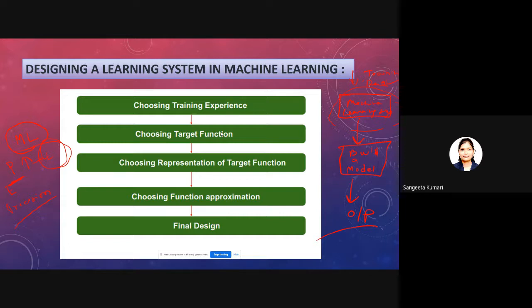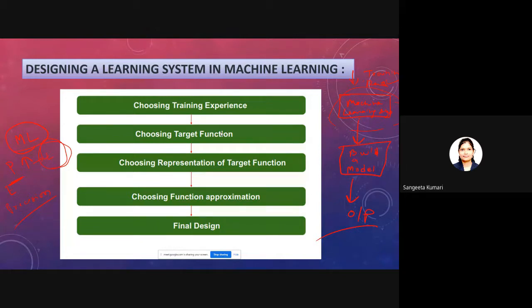If it is a game, what would be the next move? That we can consider as the target function. If it is a classification problem, what would be the features, right? That could be the target function. What would be my region of interest, finding ROI in my images? That would be my target function.